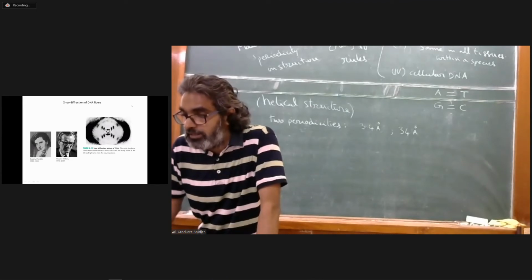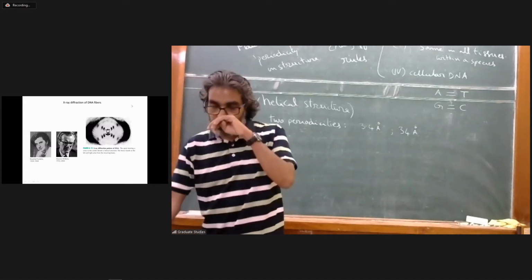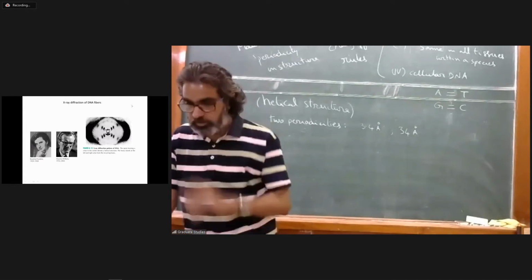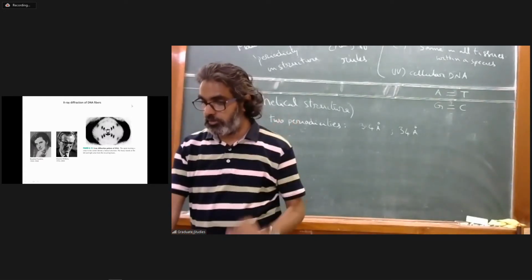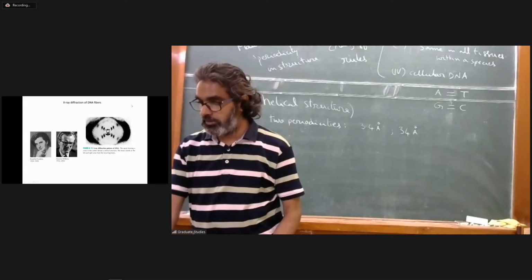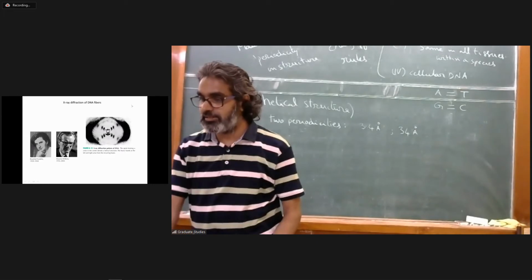This is kind of an X, right? So you can think about the angle between these two arms and the spatial difference between the spots. You can use this information to get to these two numbers which I'm showing on the board, the two periodicities. But other than that, I'm not really equipped to say exactly how to extract this.